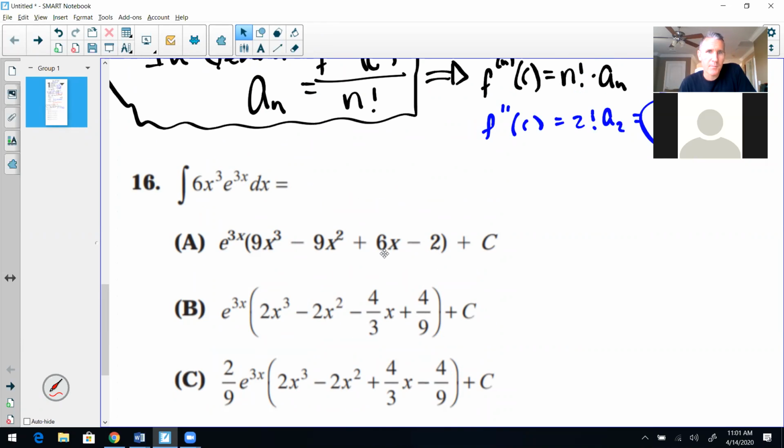And okay, when we have an integral, we talk about the techniques of integration. So maybe the first thing we would think about is doing a u substitution, setting u equal to 3x, which is what's inside another function.